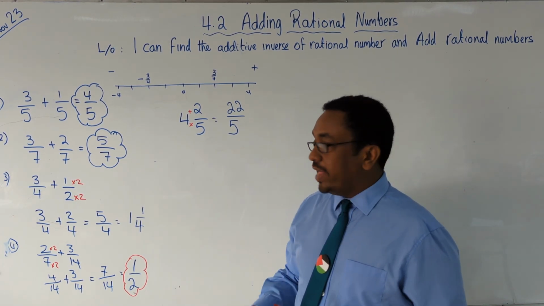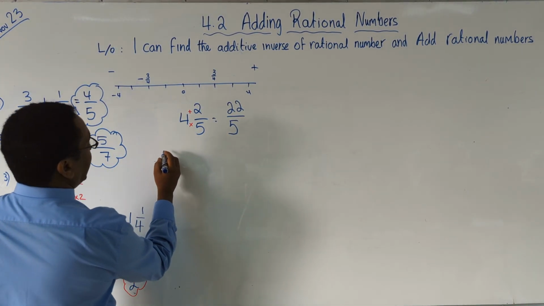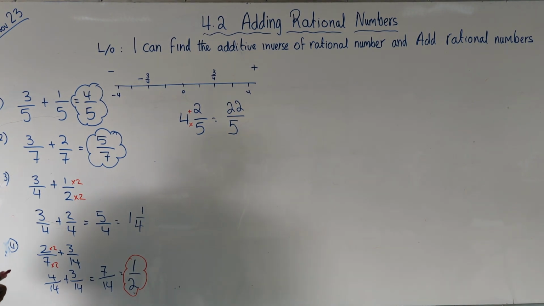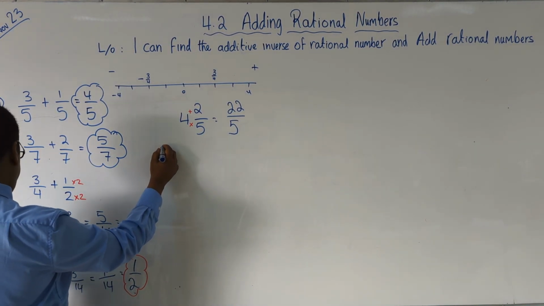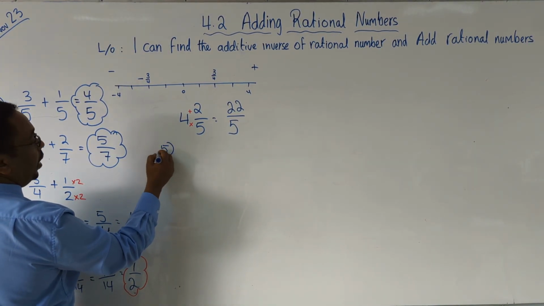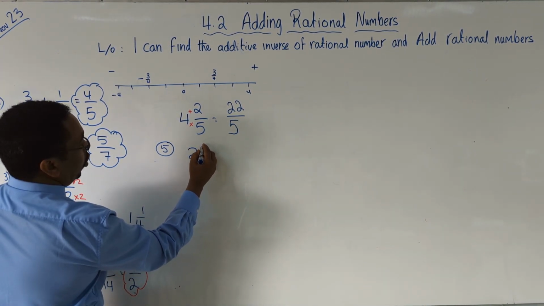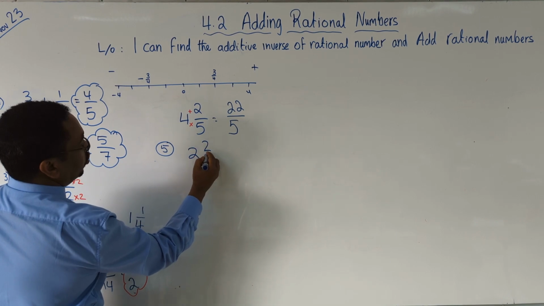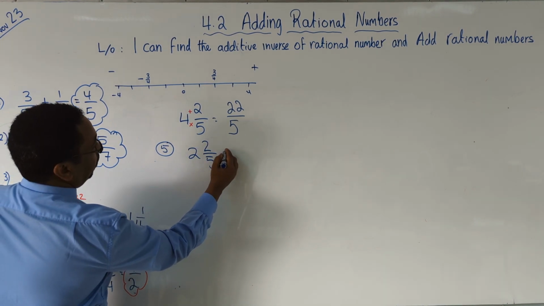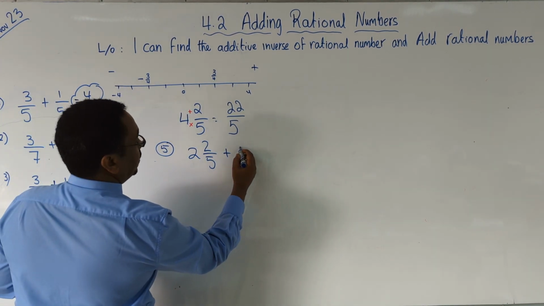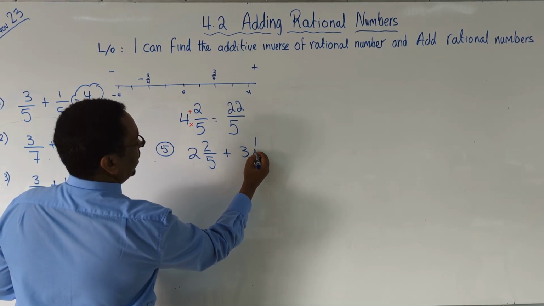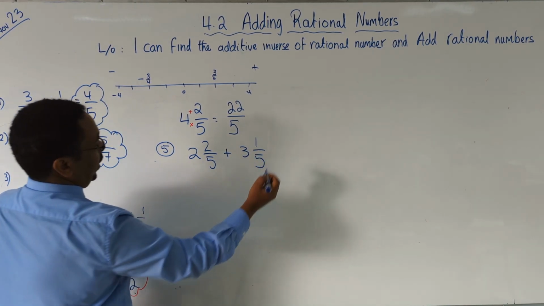Okay? So let's try this. Can you now add these? So we have 2 and 2/5 plus 3 and 1/5. Can we add these two fractions now? Let's do that.